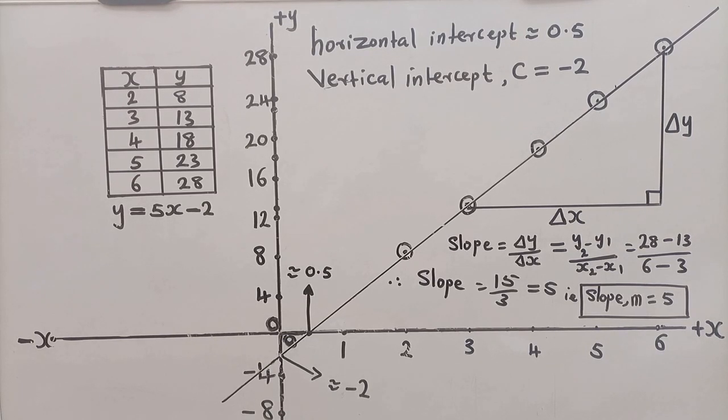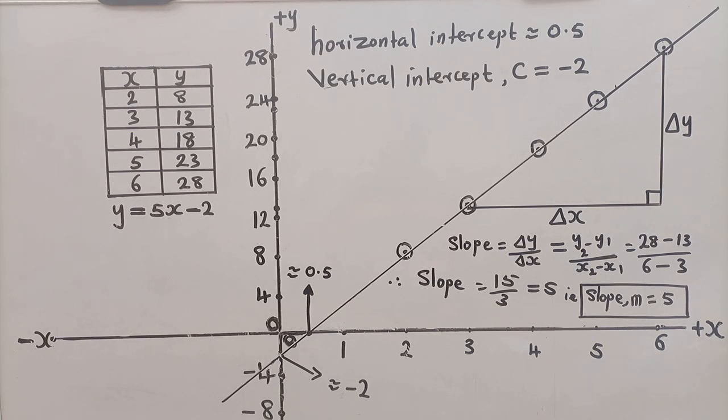Therefore, the next thing we do is to find the vertical intercept, that is the y-intercept. Now, with respect to this Cartesian sketch, having found that the slope is equal to 5, we have also found that the vertical intercept is -2. Now we have found the slope and the intercept.